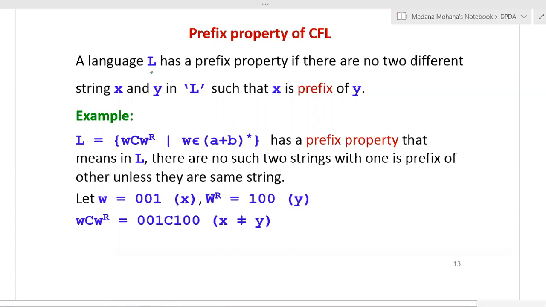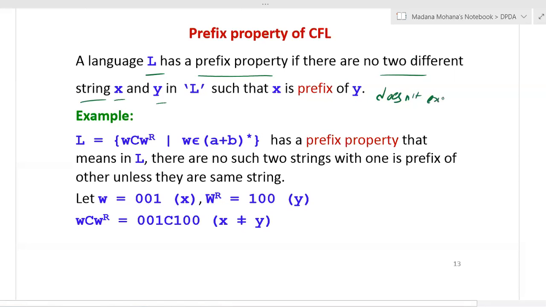First of all, a language L has the prefix property if there are no two different strings X and Y in L such that X is a prefix of Y. Suppose you take two different strings in language L, where the first one is a prefix of Y. This doesn't exist here.